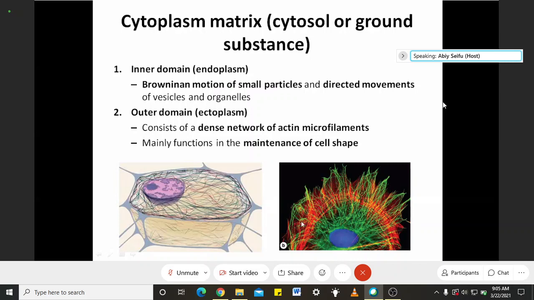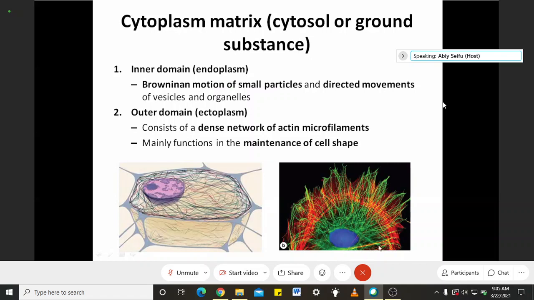So many of the organelles and the vesicles are found in the inner aspect of the cytoplasm, where we have directional movements of these organelles and the vesicles as well. But when we look at the periphery of the cell, indicated here by the reddish yellowish outline, it consists more of supporting microfilaments.